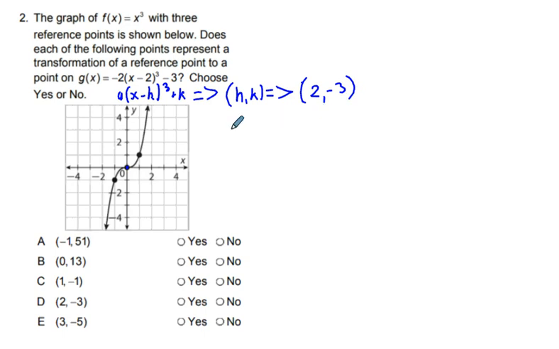So basically what we need to know is the input of 0 is going to translate to 2, and so the input of negative 1 is going to, you also add 2 to that, so you're going to get 1. 0 plus 2 equals 2, and then finally 1 will translate to 3.